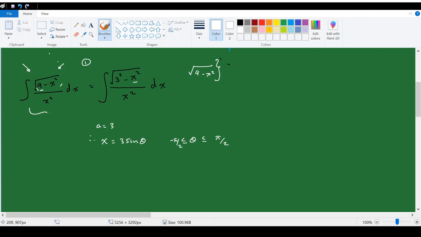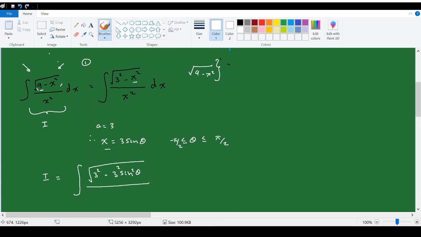If I name this integral I, then I becomes the integral of the square root of 3 squared minus x squared, which is 3 squared minus, now x is this one, so it becomes 3 squared sine squared theta, everything in a square root.